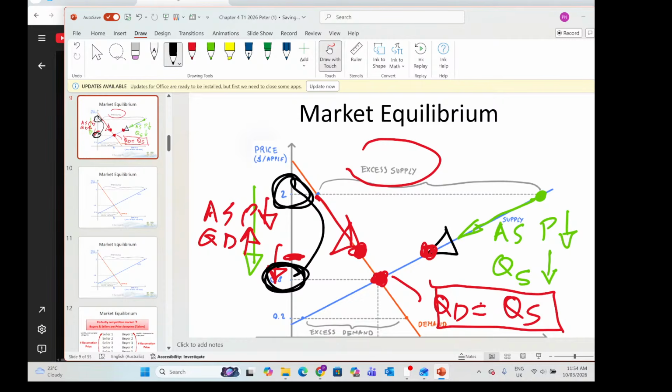The market simply controlled that price change by itself, because whenever there was an excess supply, that excess supply forces price to fall. So that's what's going on when the market price is above the equilibrium.